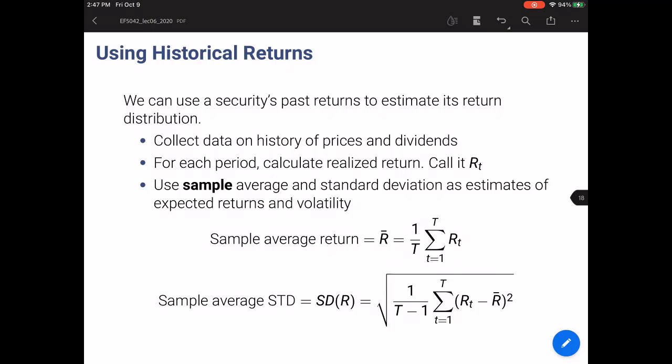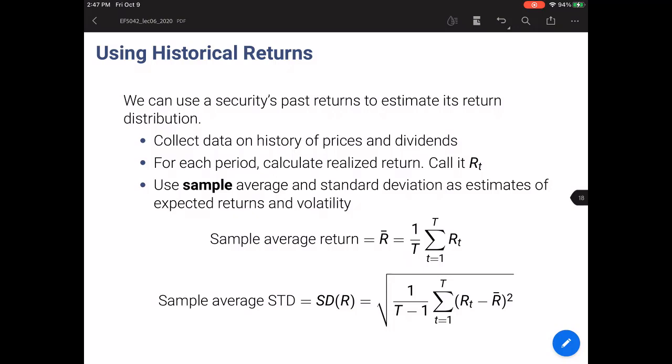The sample standard deviation is done the same way. However, remember from last week's homework, or from the last two weeks, rather than scaling by 1 over T, we are scaling by 1 over T minus 1. Okay, this is again a correction so that our estimation is not biased.